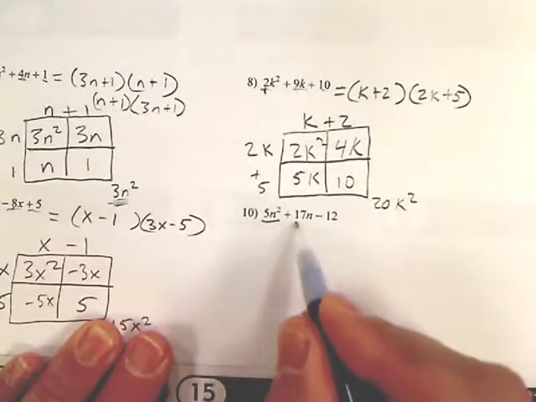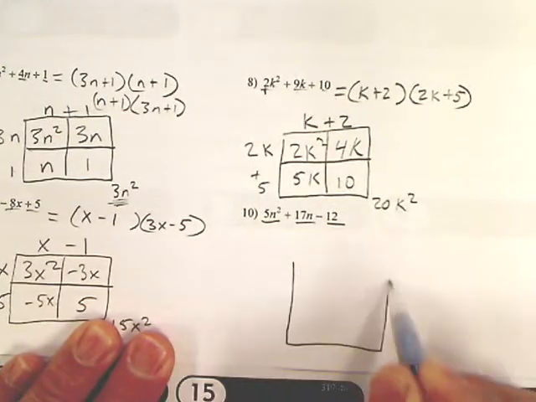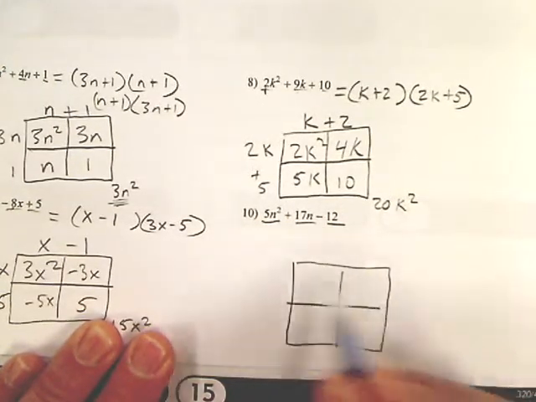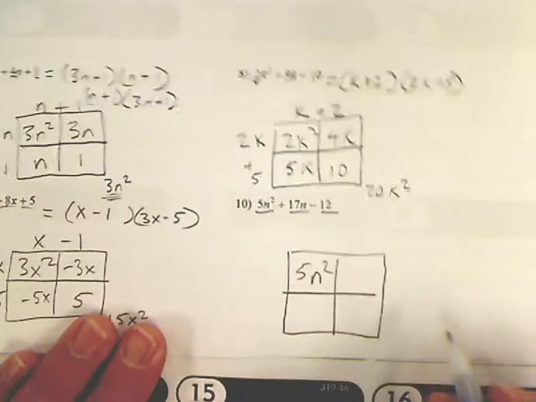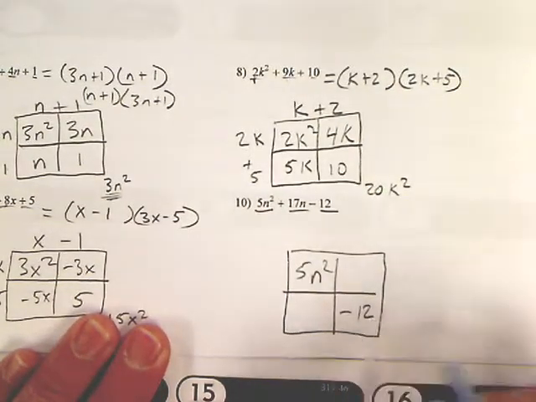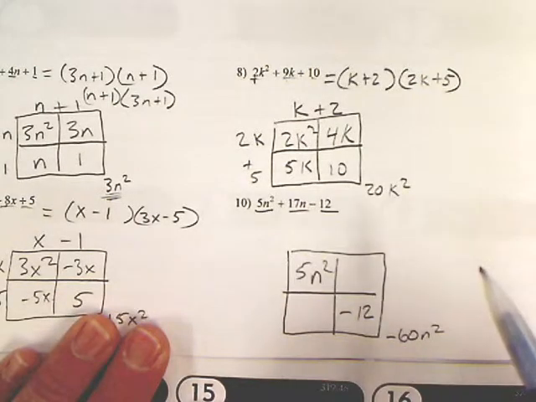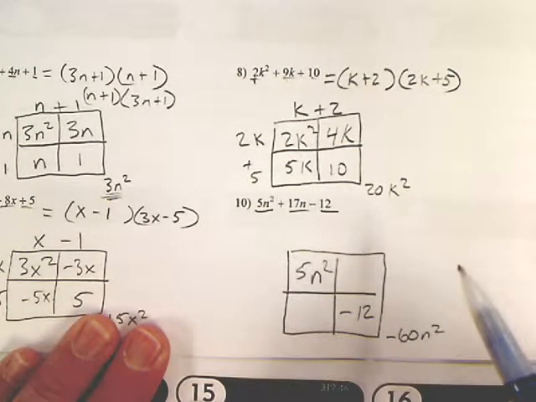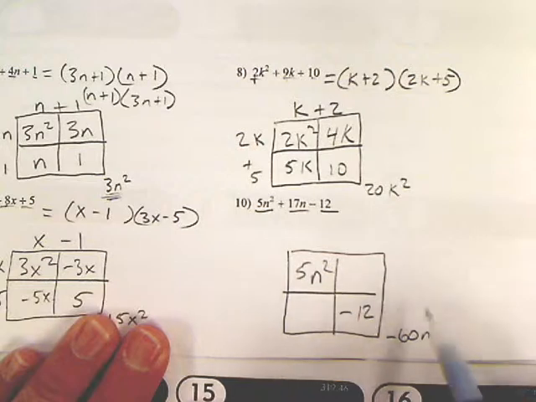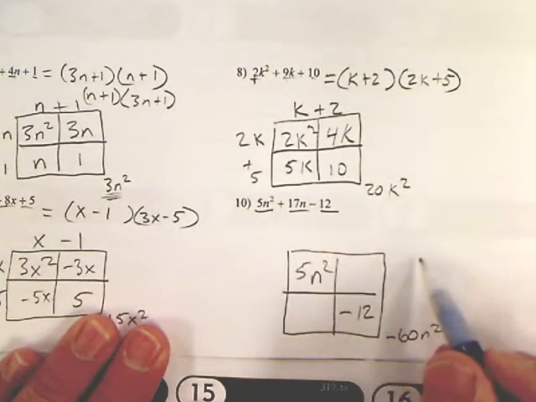And the last one, no common factor again. 5n squared. Negative 12. Negative 60n squared. Two numbers multiply together to be negative 60 and add together to be 17. So I'm going to subtract them because one's going to be negative, one's going to be positive.